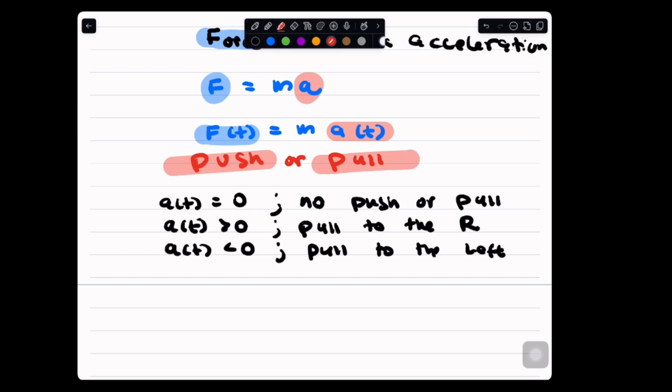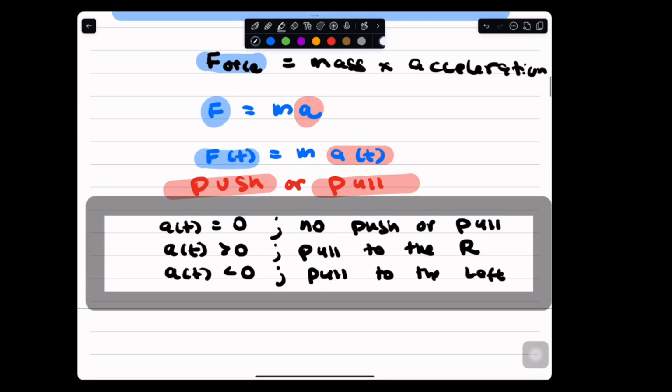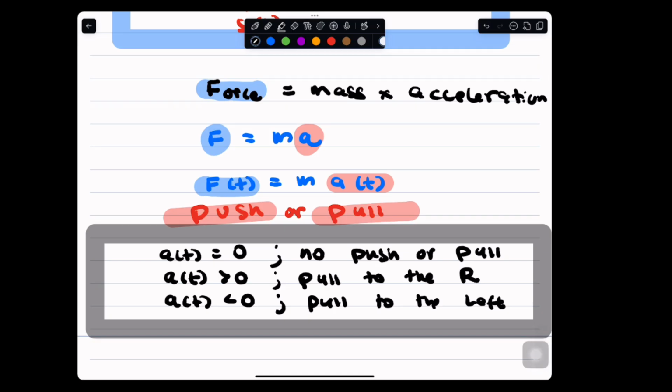These are the key ideas centered around why you want to get the acceleration. Because you want to know, when is there no force on the particle? When is it being pulled in the positive direction, which is to the right? When is it being pulled in the negative direction, which is to the left? Let's go to that.